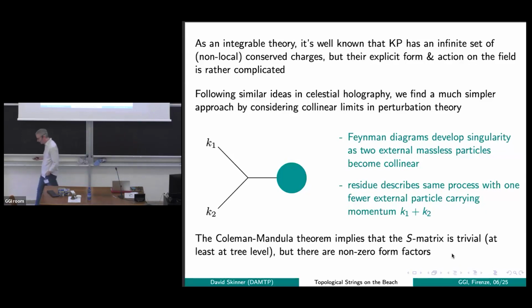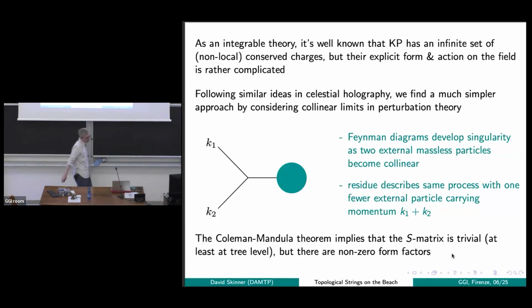Now, again, because we're in an integrable theory, because we've got this infinite set of conserved charges, the Coleman-Mandula theorem is going to imply that the S matrix is trivial. We only know that this is a classically integrable system. Nobody's ever told you that quantum water is integrable. So we only know that the tree level S matrix is trivial because we only know these charges are going to be conserved at the classical level.